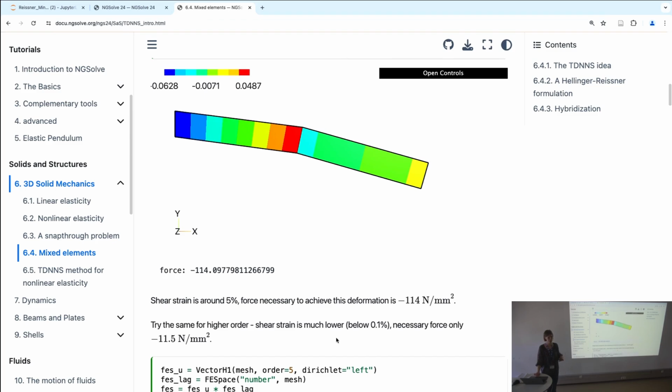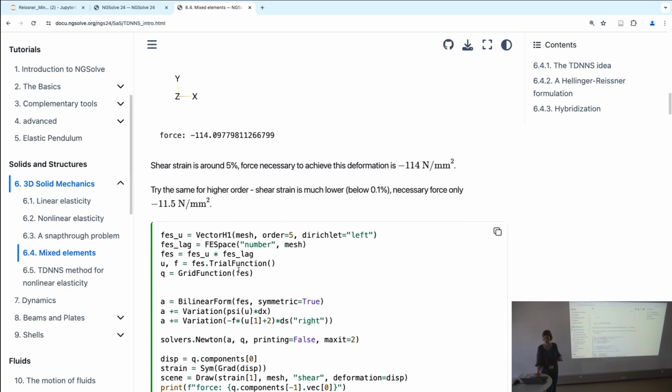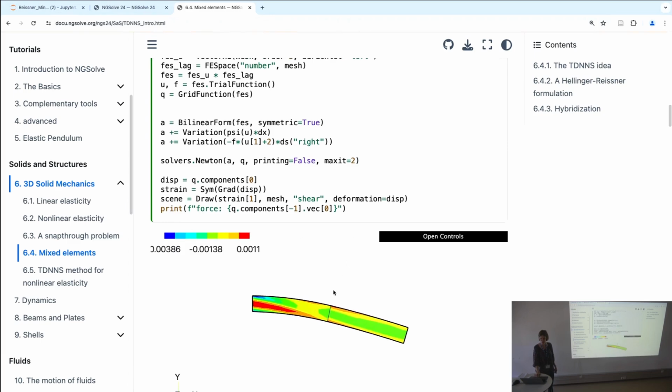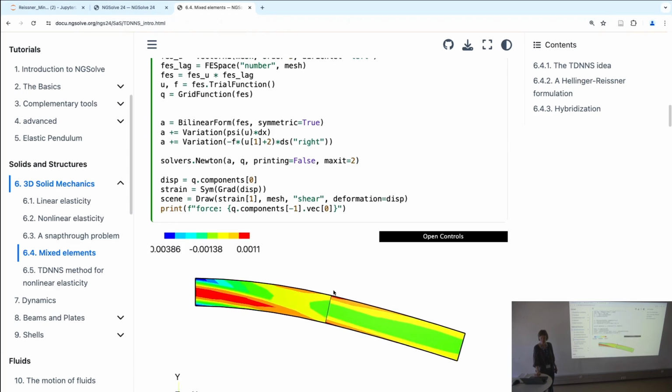And then we do the same computation again using higher order elements, which is very simple in NGSolve, just put 5 instead of 1. Do the same computation, and we see something that looks much more realistic because it's bending now and not just shearing. And we see the same strain component.